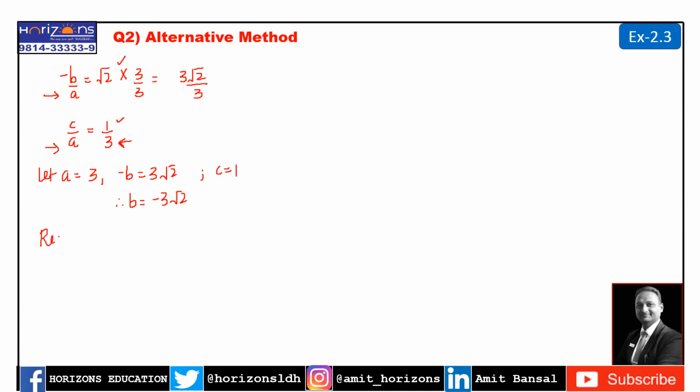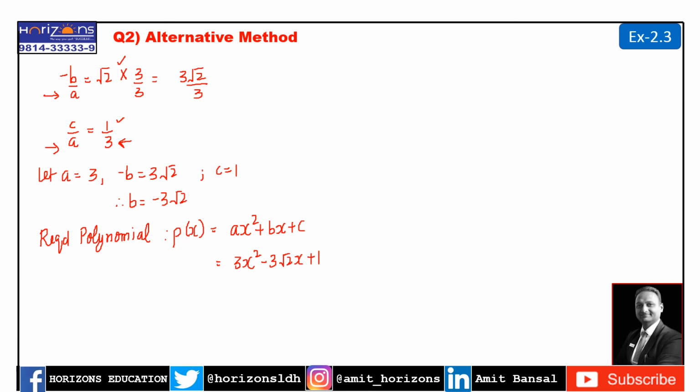So the required polynomial can simply be px equal to ax square plus bx plus c, that is 3x square minus 3 root 2x plus 1, same as what we obtained earlier, right?